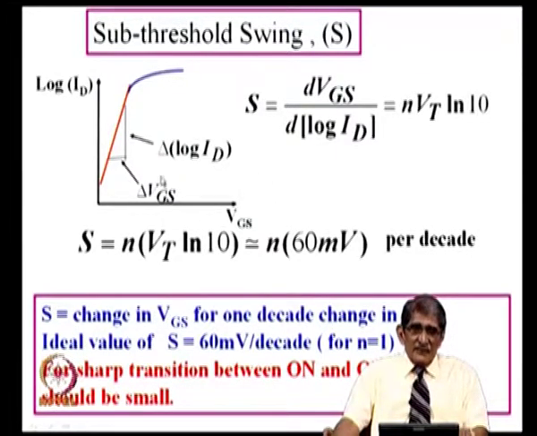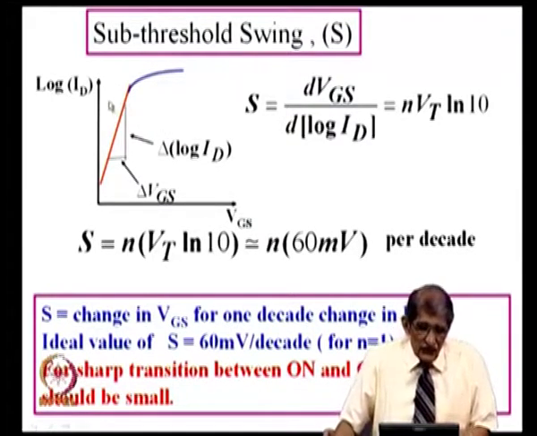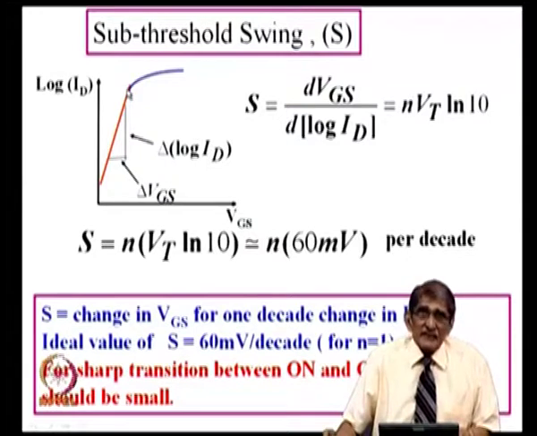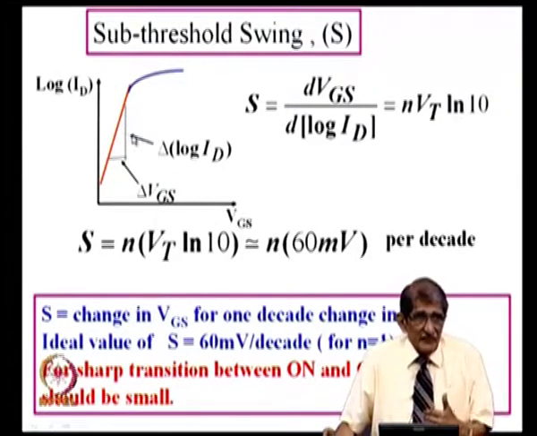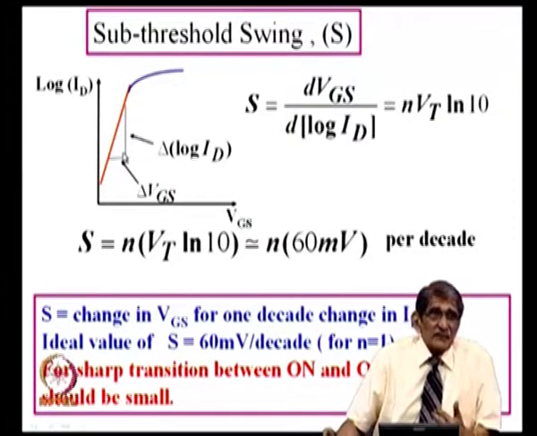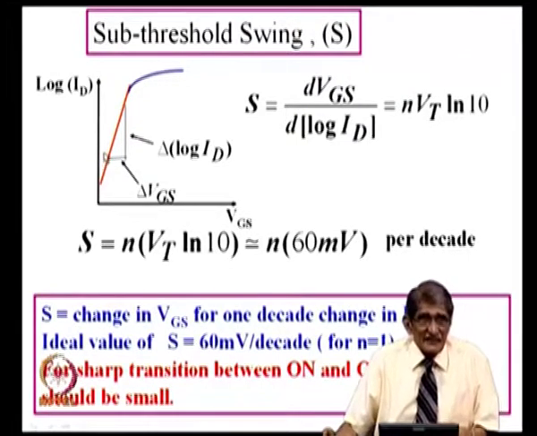So, by the time you reduce the voltage to 0 volts, 360 by 120, the current would have fallen by 3 decades. From 1 microampere, 10 to the minus 6, it would have gone to 10 to the minus 9. But in the previous case, it has fallen by 5 decades, so it would have gone down to 10 to the minus 11.